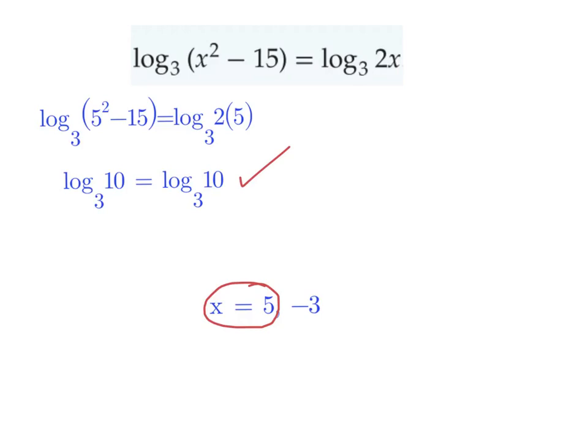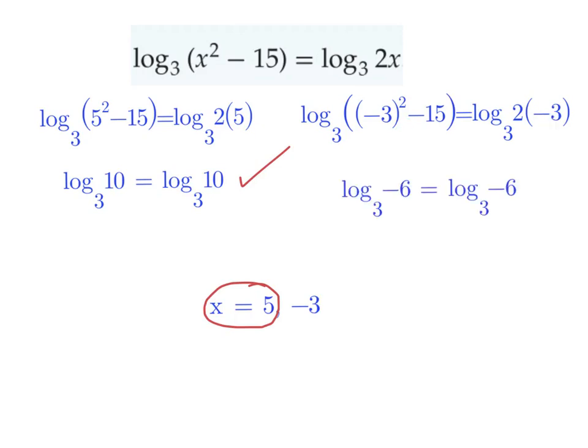Okay. So when I plug in -3, this is 9 minus 15, and then over here I get -6. So even though it looks like, oh, it's all fine, right? Log base 3 of -6 equals log base 3 of -6. It seems like it should be okay.